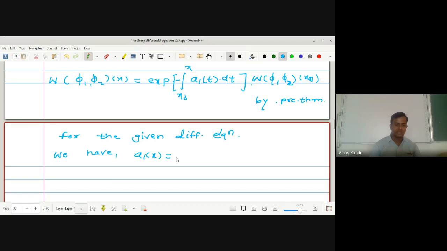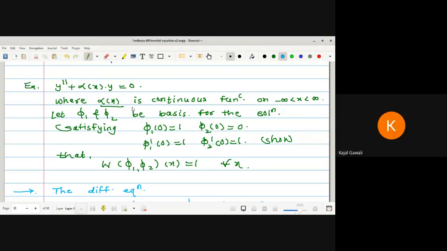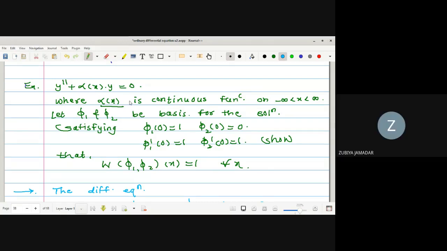What was given to you in the differential equation? y double dash plus alpha of x into y was given. What is a1 of x? It is 0.